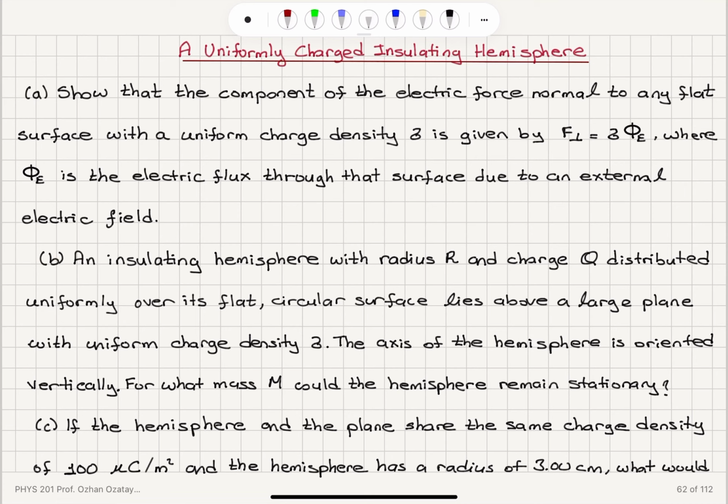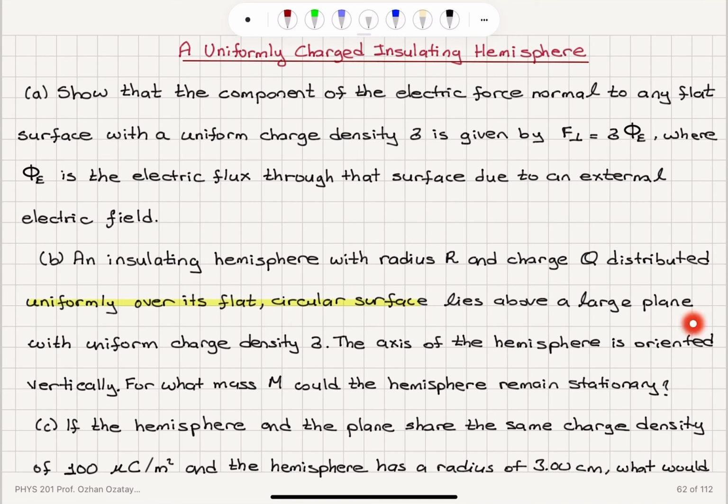Part B, an insulating hemisphere with radius capital R and charge capital Q distributed uniformly over its flat circular surface. Okay, uniformly over its flat circular surface. It's not distributed on the hemisphere, it's only distributed uniformly over its flat circular surface.